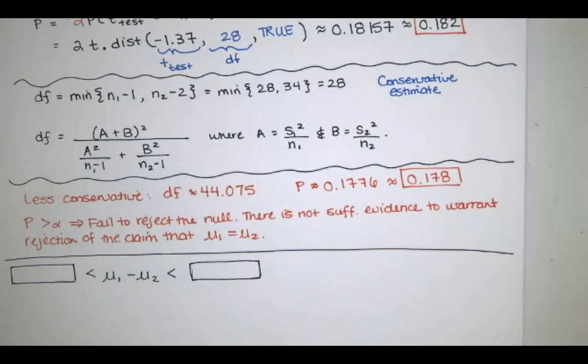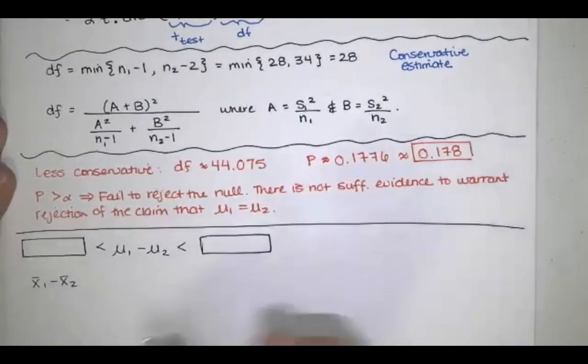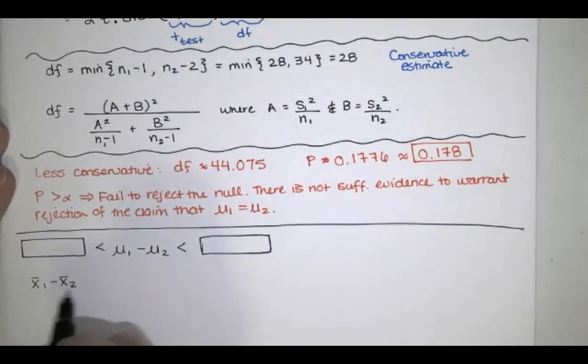The lower and upper limits come from taking our best point estimate of mu sub 1 minus mu sub 2, which is x sub 1 bar minus x sub 2 bar, and then adding and subtracting the error, or the margin of error, from that.